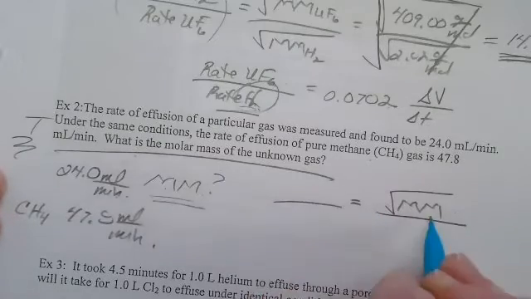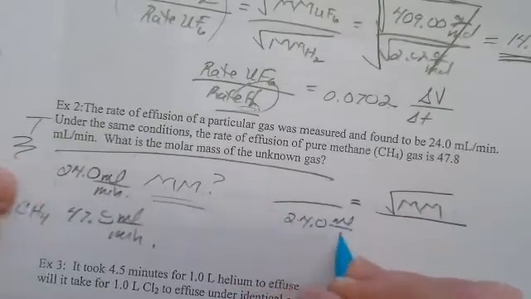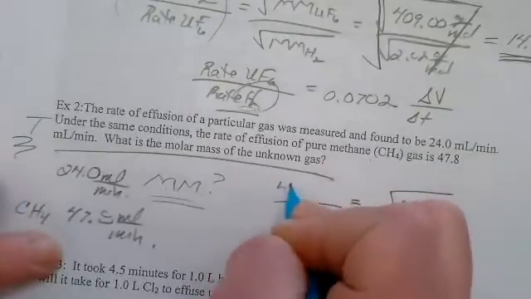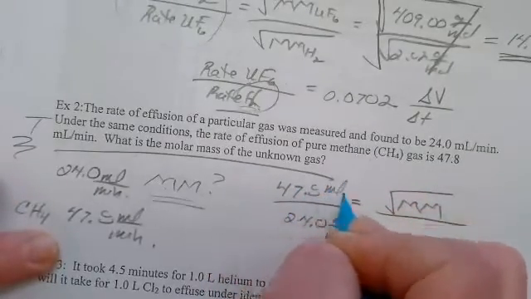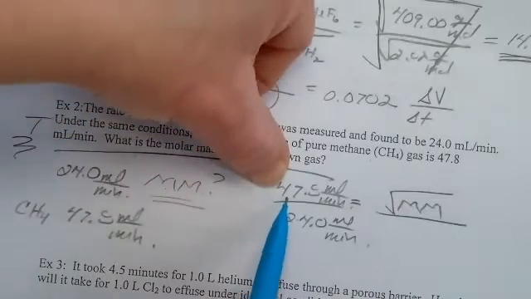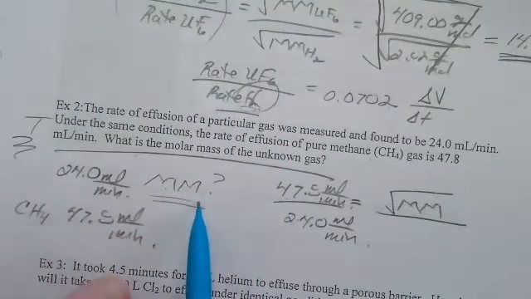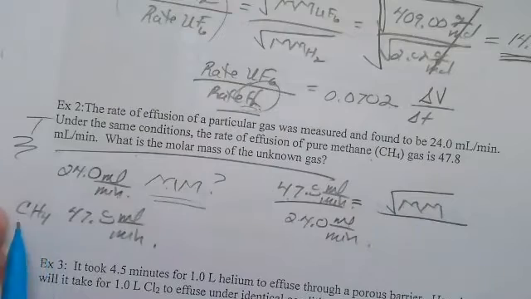And so that means I put the rate of the unknown here, and then methane. Now, methane has a greater effusion rate. So I already know my molar mass for my unknown is going to be greater than the molar mass of methane.